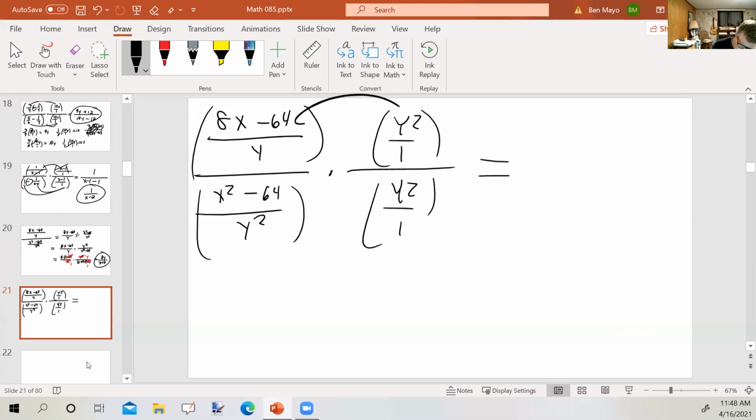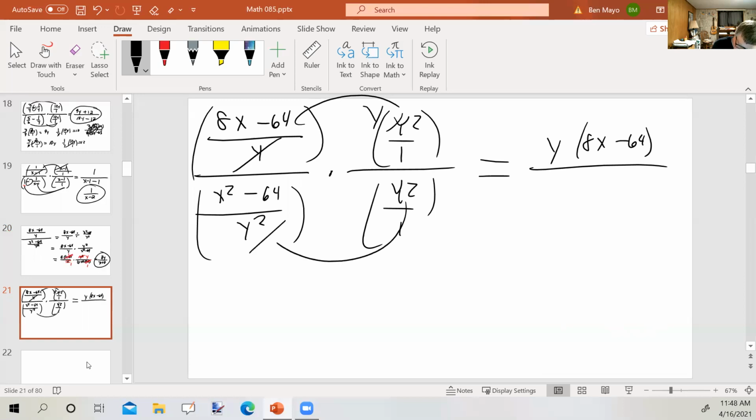So, we're going to take this. That's going to be what? Y times 8x minus 64. And at the bottom, that's going to be x squared minus 64. Let's see here. Can I do anything with that?